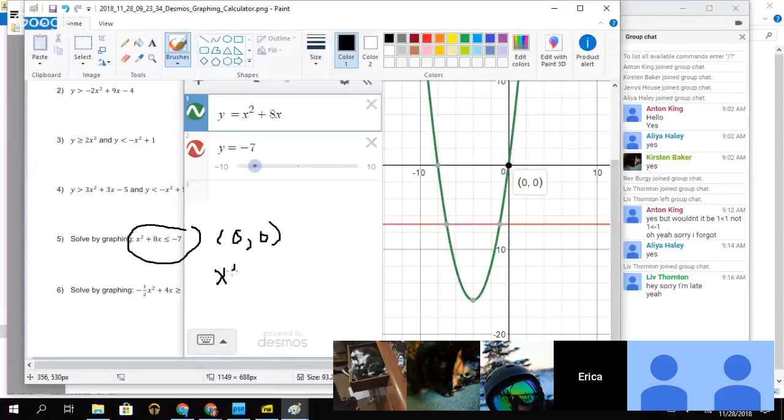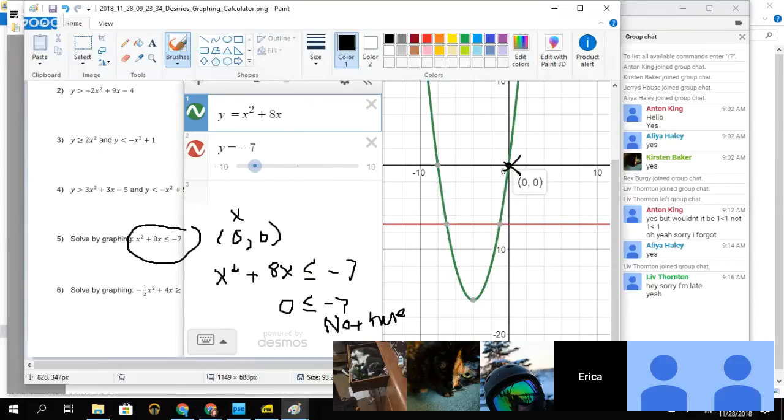So is x squared plus 8x less than or equal to -7? So if I put in x equals 0, I get 0 is less than or equal to -7. So this is not true, right? Not true. So this point up here is not part of my solution.